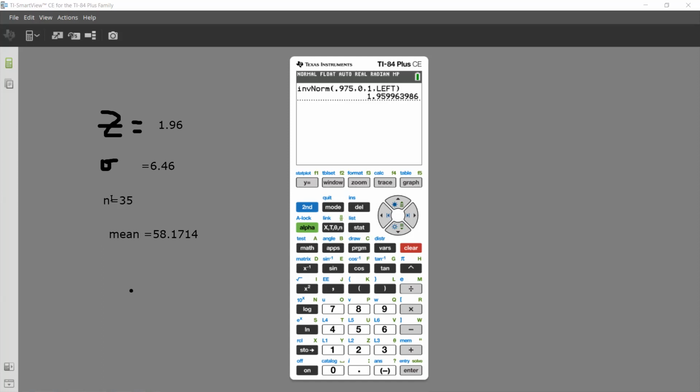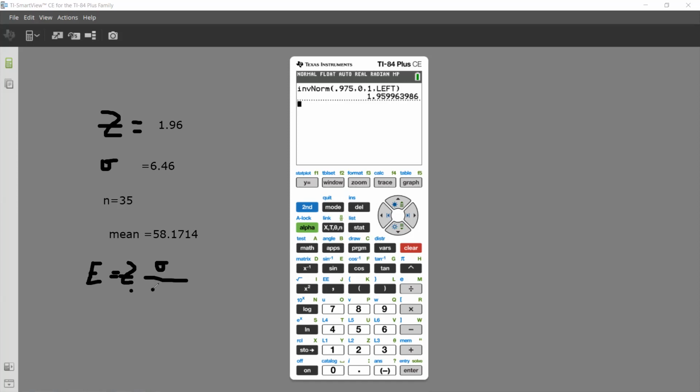Okay, so I'll do it here on the side. Let's do the error term first, because that makes it easier on the calculator. The error term is, remember, the z value times my sigma over the square root of n.